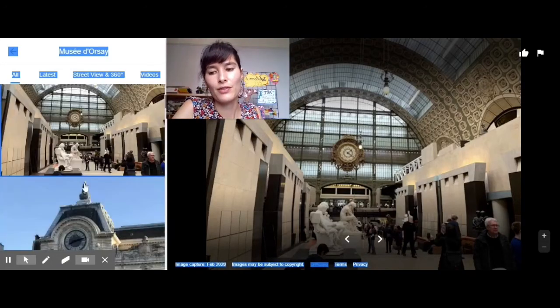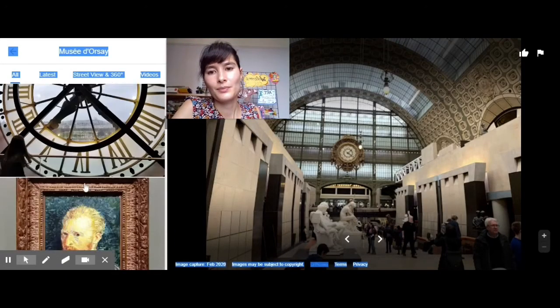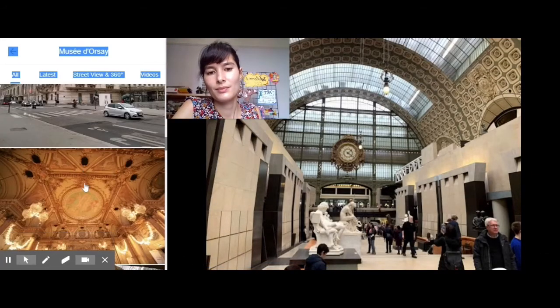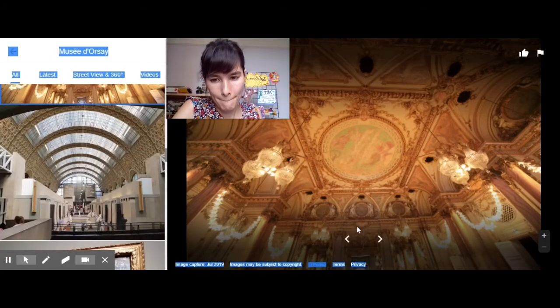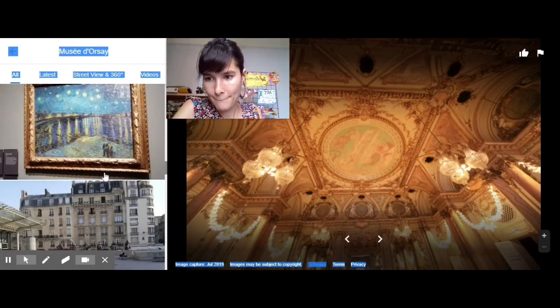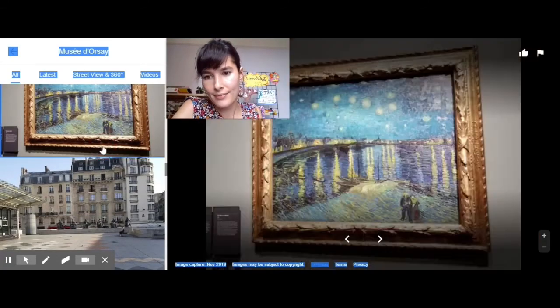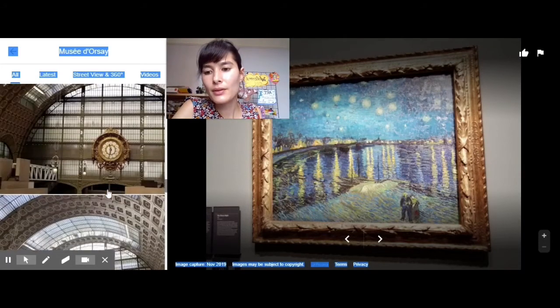It's another view of it. One of the many ornate ceilings in the museum. Another Van Gogh example.